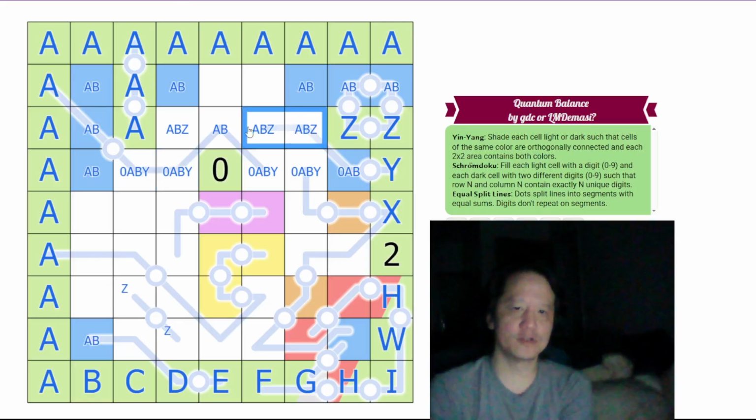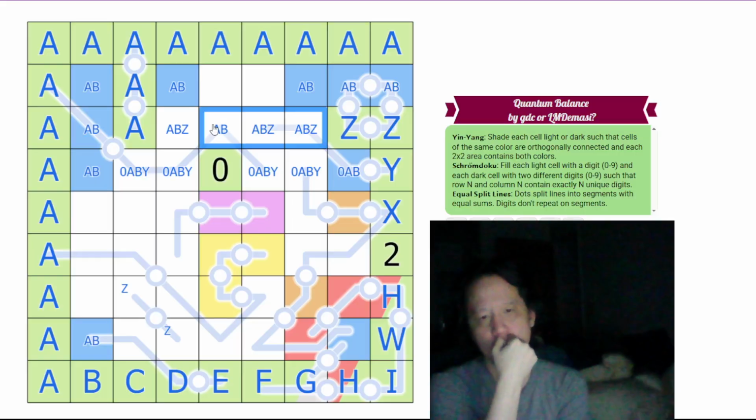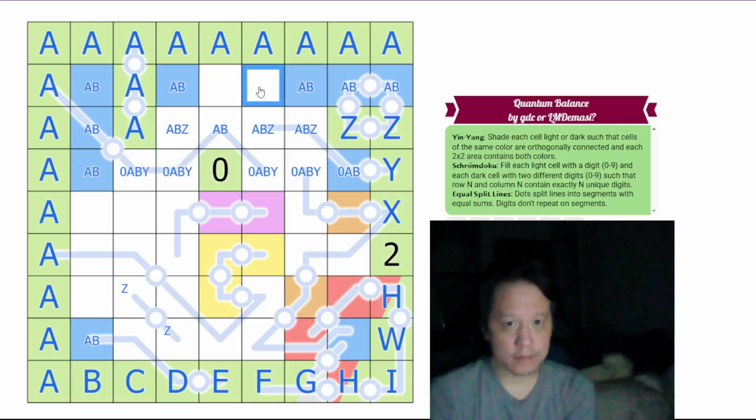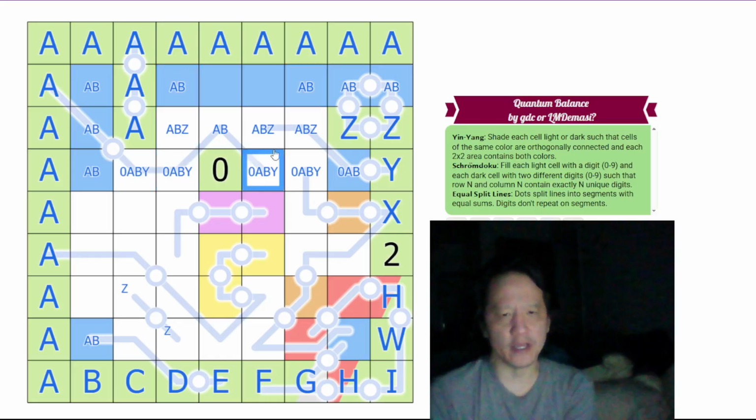I mean, technically, this could be green, green, green here. And then the blue would go out that way. Yeah, the Schrödinger really adds a really tough component here. You would have blue going out that way. So this would be A or B. This could be 0 with something. One of these.